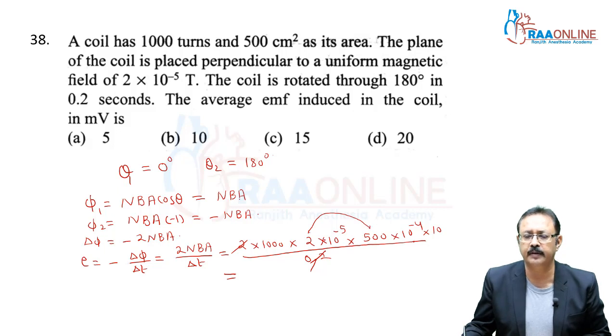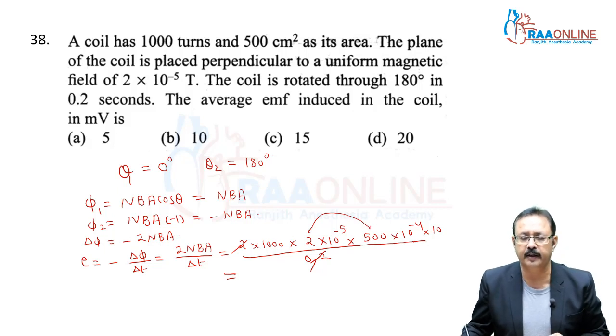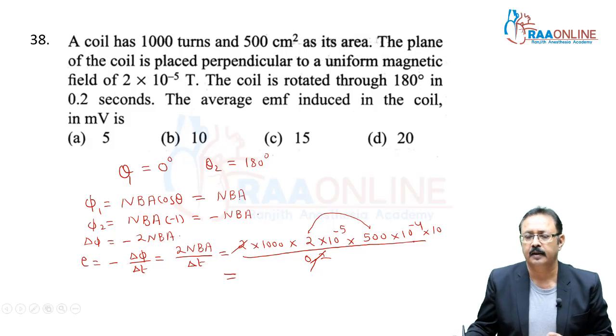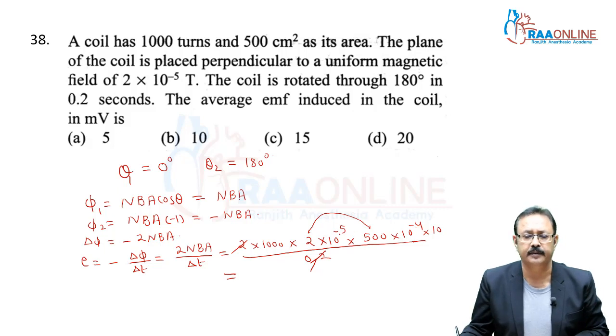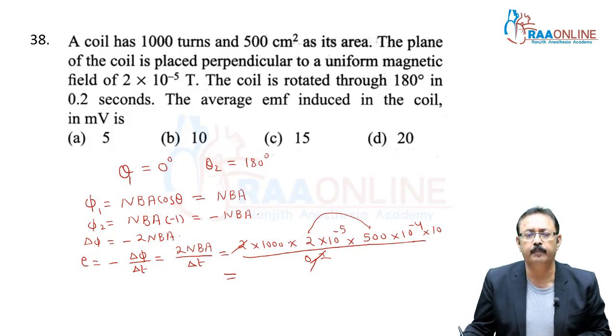So 10 to the power 3 and 10 to the power 3 means plus 6, and minus 5 and minus 4, it is minus 9. Minus 5, minus 4, minus 9, and plus is 3, 2, 5 and 1, 6.